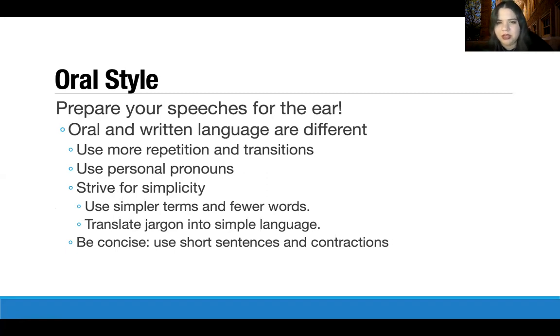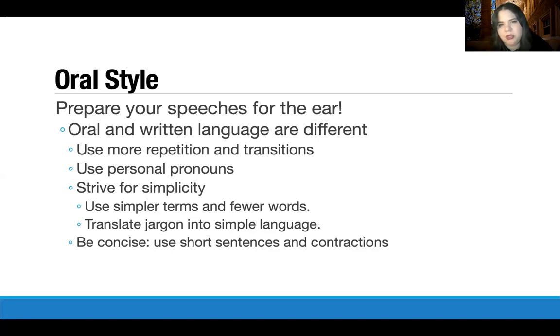There are a lot of similarities between speeches and papers, but the way that we speak is far more casual typically and far more repetitive than the way that we write or the way we should write. There's more repetition and transitions because we are trying to reinforce an idea and we're trying to build a flow from one point to another because people can't go back and forth.